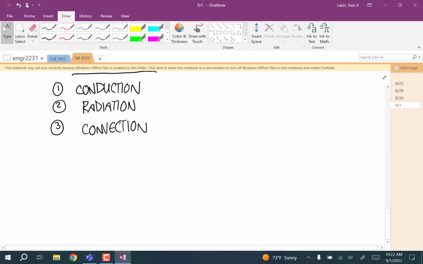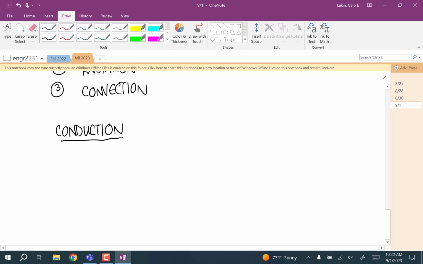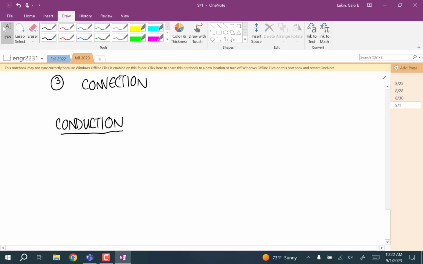Okay, so first let's do conduction. Let me define it first. Conduction is when energy is transferred through a material.